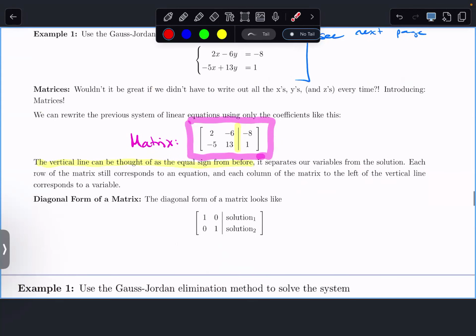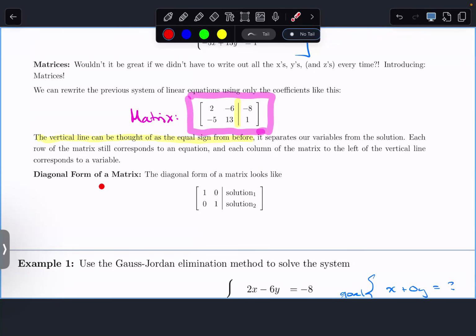And so what does this thing look like? Each row of the matrix corresponds to an equation, and each column of the matrix, so this guy and this guy, X and Y from before, corresponds to a variable.